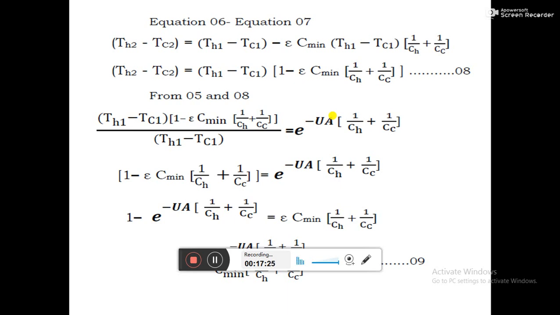TH1 minus TC1 cancels, and we are left with 1 minus effectiveness into C minimum into (1 by CH plus 1 by CC) equals e to the power of minus UA into (1 by CH plus 1 by CC).